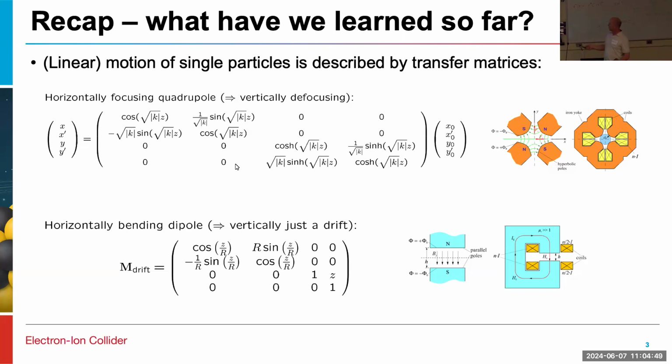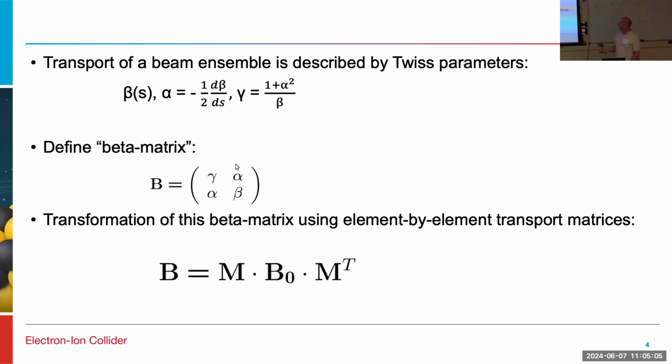So basically, when you look at this matrix, you also automatically have the matrix for a simple drift section, where just an orbit angle x prime translates into an offset at the end of the drift. That's all that means.